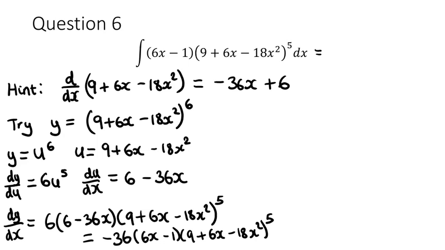So because I don't have that minus 36 in what I'm trying to integrate, when I leave my answer, I'm going to put a minus 1 over 36 in front of the 9 plus 6x minus 18x squared to the power of 6. Obviously putting that plus c there as well. And if you differentiate that, you can check that you do get that result.